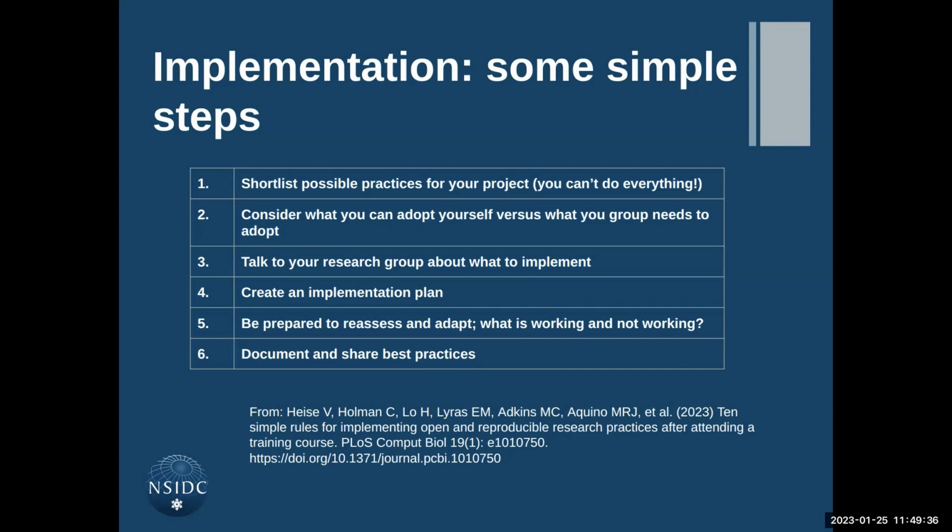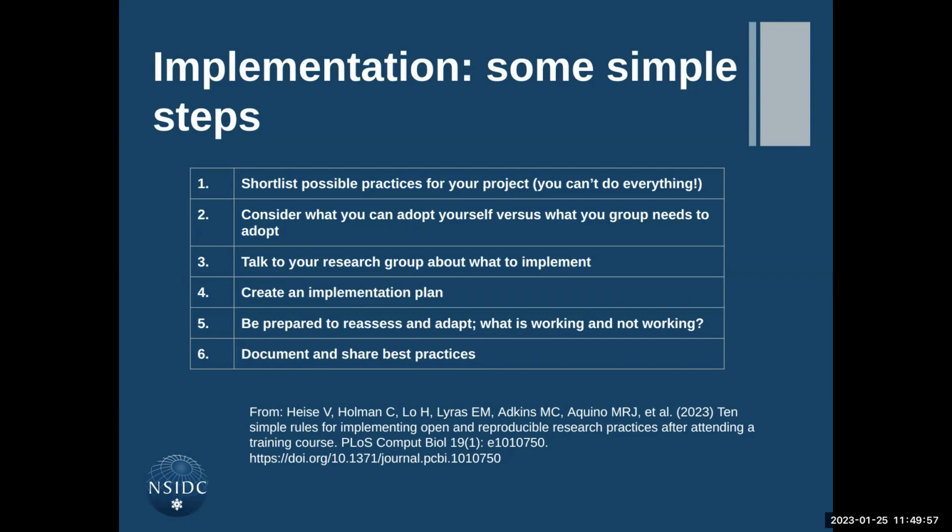Create an implementation plan within that group, and be flexible, right? Some things aren't going to work. Some things are going to work. This is a process, we don't have all the answers, so be flexible. And then document and share your best practices on what you did, right?